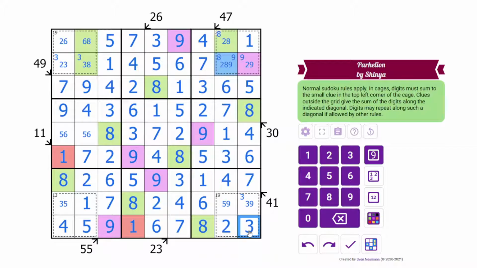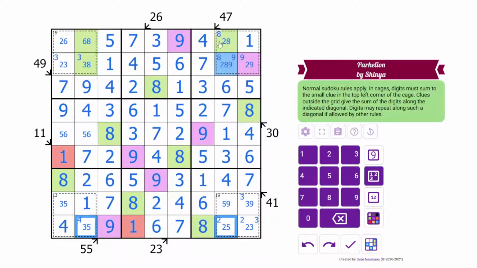Why can't that be a 5? So, if this is a 5, that's a 2, that's an 8, that's a 6, which is a contradiction there.